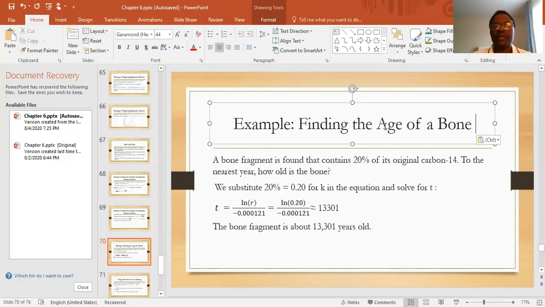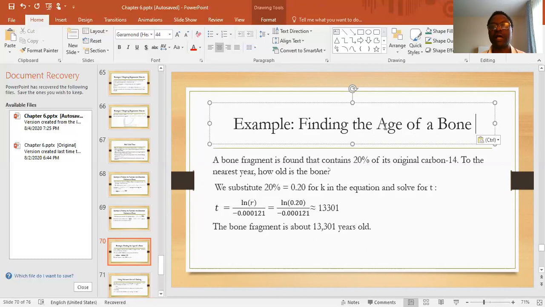To the nearest year, how old is the bone? So we will say that if the original quantity was A, then what is remaining now is 0.2 times A. So if we know the quantity remaining, we can solve for t to know how old the bone was.